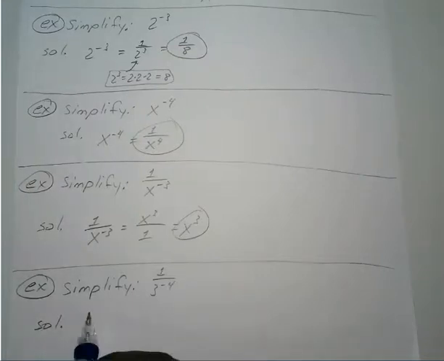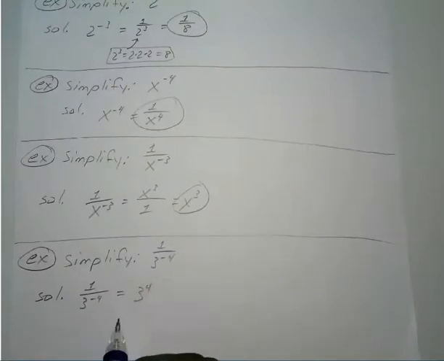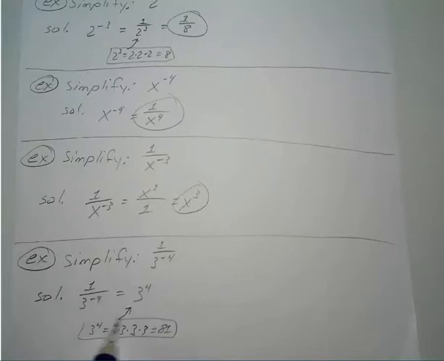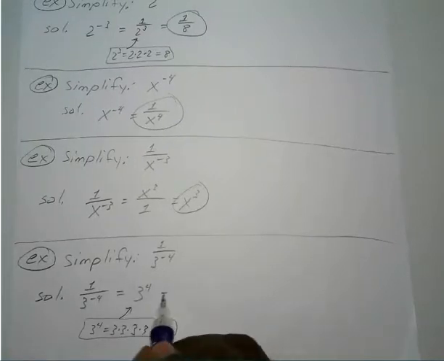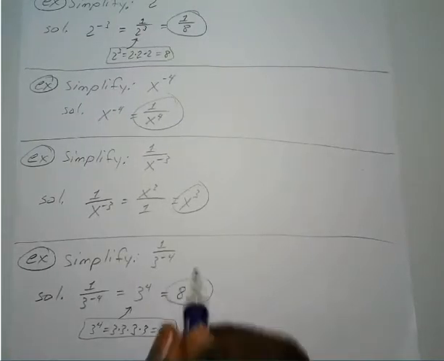For this one, 1 over 3 to the negative fourth power is just 3 to the fourth power. Now we know that 3 to the fourth power is 3 times 3 times 3 times 3, which is equal to 81. So this simplifies to 81.